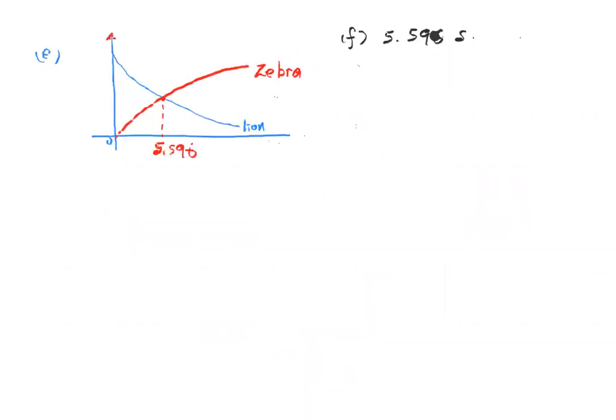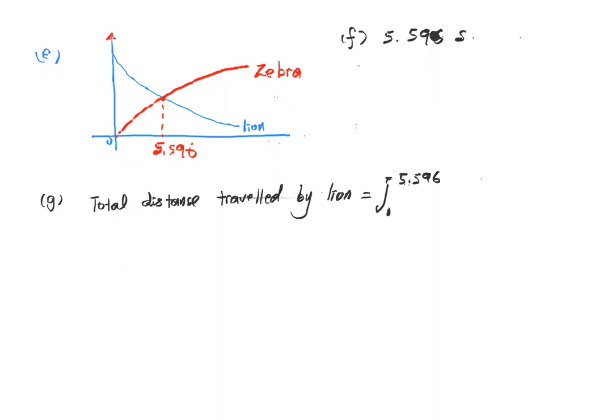So that means for part G, you say total distance traveled by lion. Okay, you integrate from 0 to 5.596 of V1(t) dt.